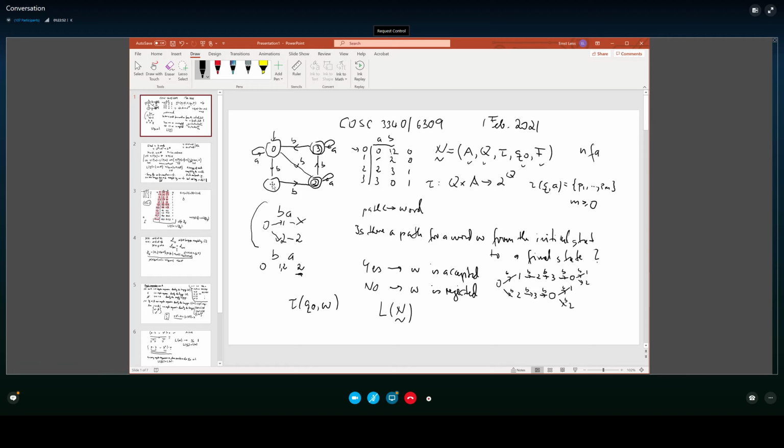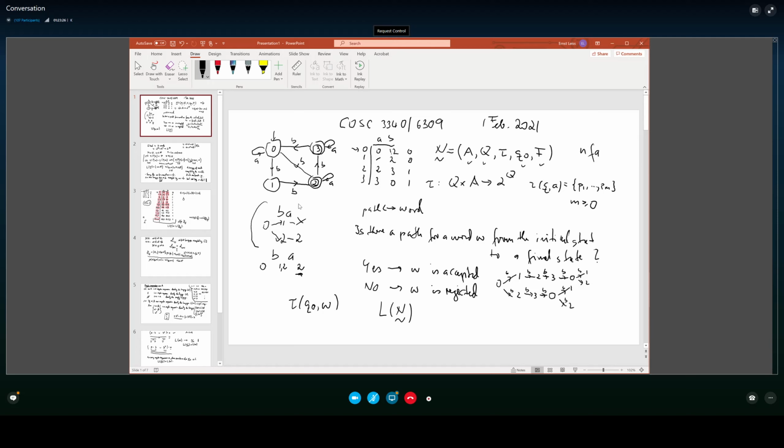So there is no transition. So you die. If you're in 1 and you get an A, you die. So that's a dead state. It's not a dead state because you can take a B and you get to 2 where it's in fact accepted. But there is no transition from the state 1 under A, which means 1 under A is nothing. Okay, got it.